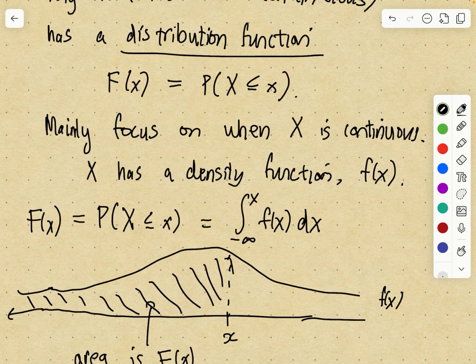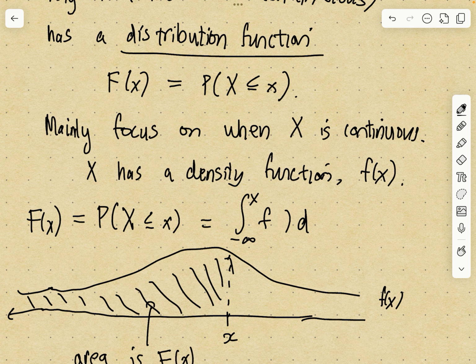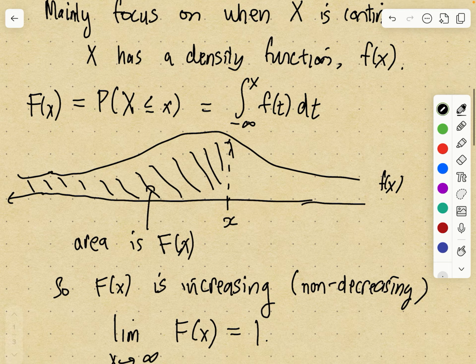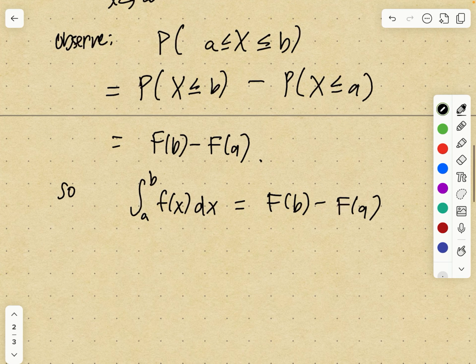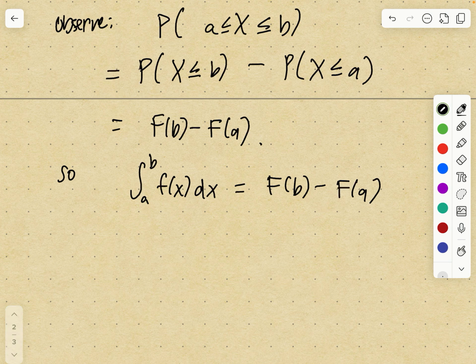Remember, the fundamental theorem of calculus says that when you have a continuous function little f, then this function, oh, maybe I should use a different variable here, this function is an antiderivative of little f. Right? That's what the fundamental theorem of calculus says. Okay, so that's the connection between capital F and little f. Capital F is an antiderivative of the density function, little f.